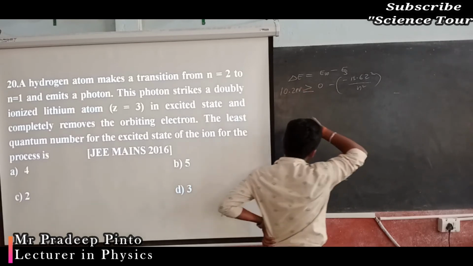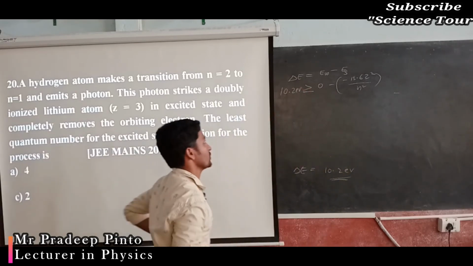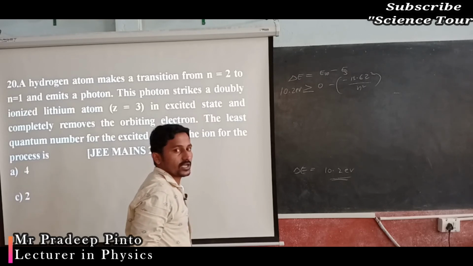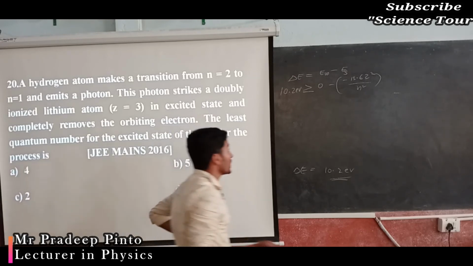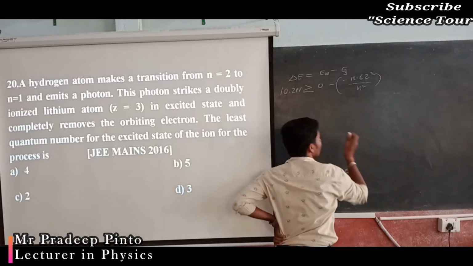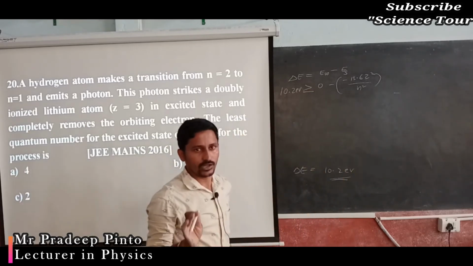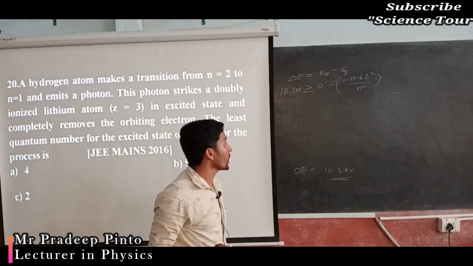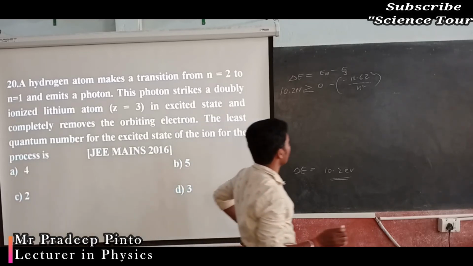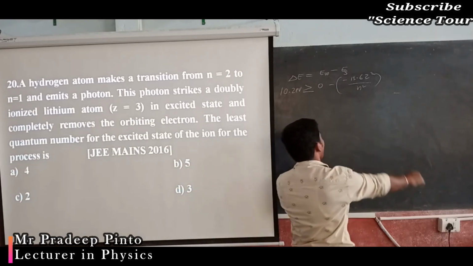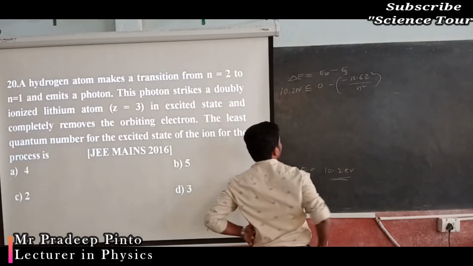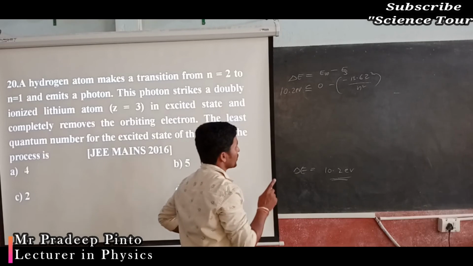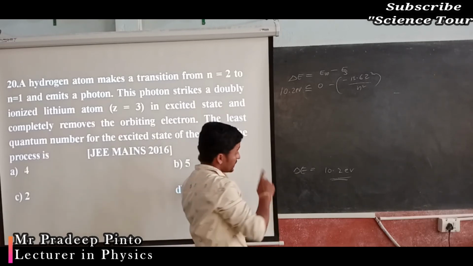It must be, energy must be greater than or equal to, because the 10.2 it will remain, means it must be less than or equal to that, almost equal to that it should be, no? So if it is equal to that, means what is n? I am going to write down. The energy must be greater than or equal to 10.2 eV, then only it can emit the electron.